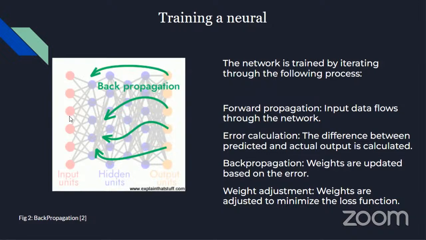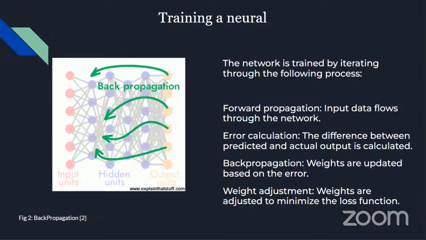Now, once all this sum is transferred till the output layer, that means the input data is traveling towards the end or the output of the network. This is known as forward propagation, right? Now, what happens after forward propagation? The output is generated. Now, the output is compared with the actual value. If there is an error, that error calculation is done.